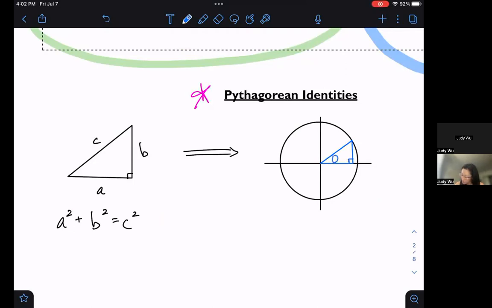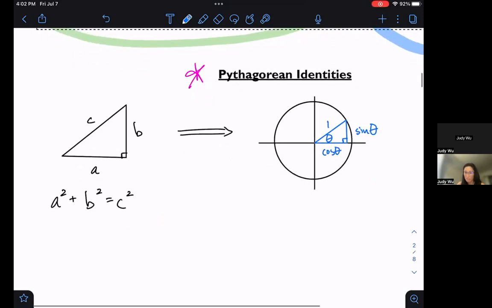Now, this is our theta. We know that this is an x value across, which is really cosine of theta. The y value is really sine of theta, and the hypotenuse is 1.